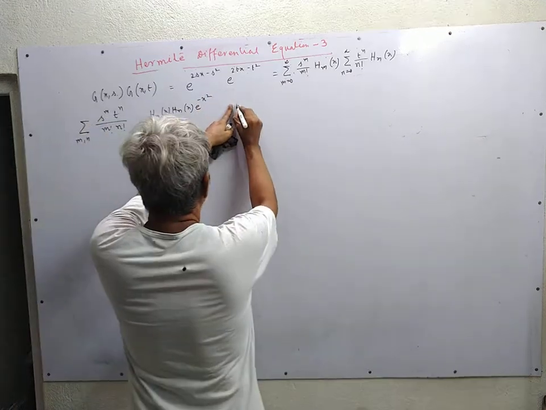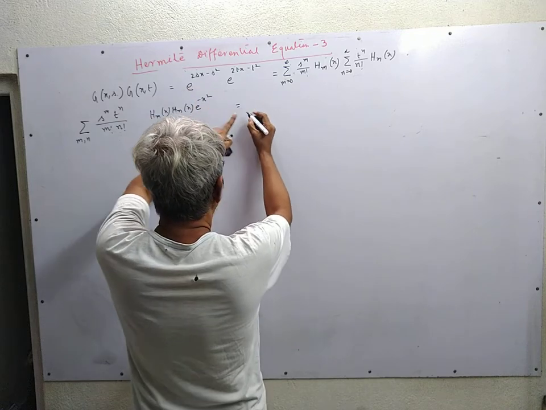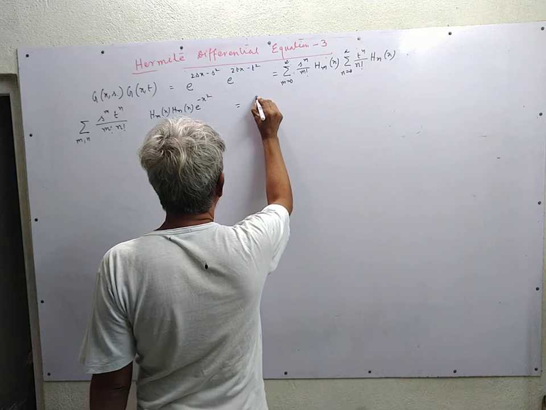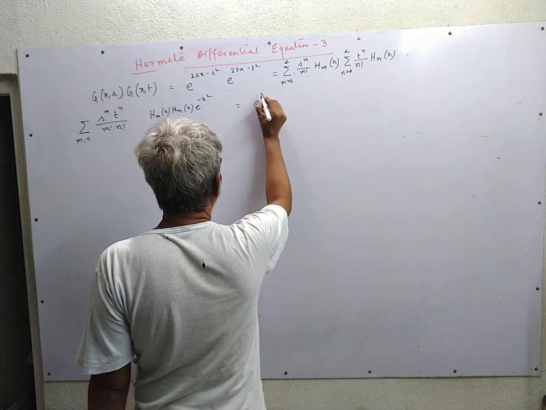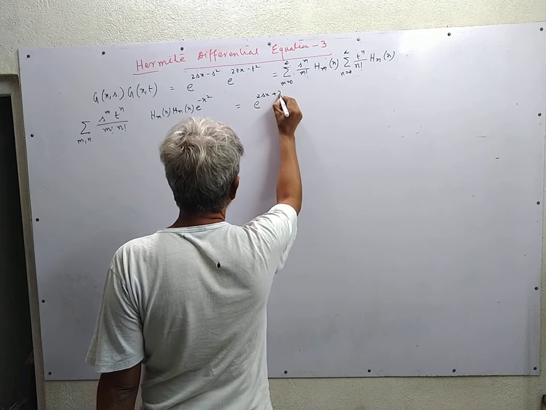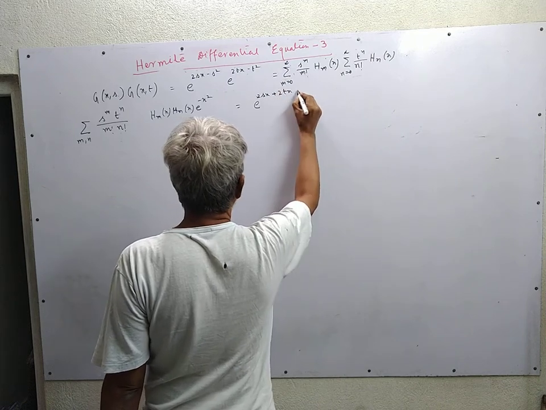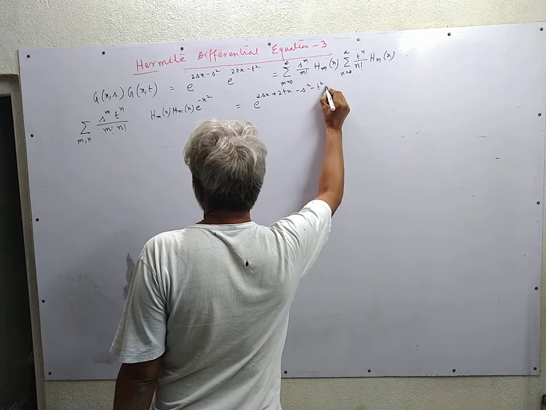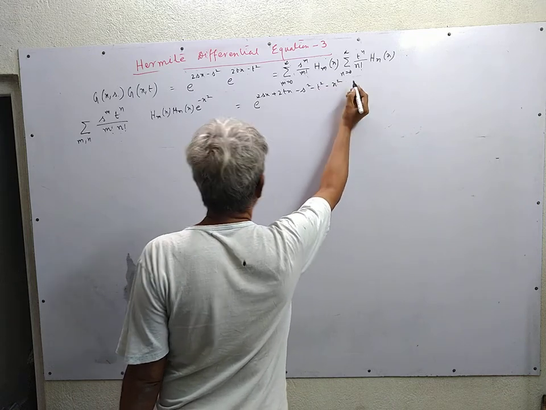And on the right hand side we have e to the power 2sx plus 2tx minus s square minus t square minus x square.